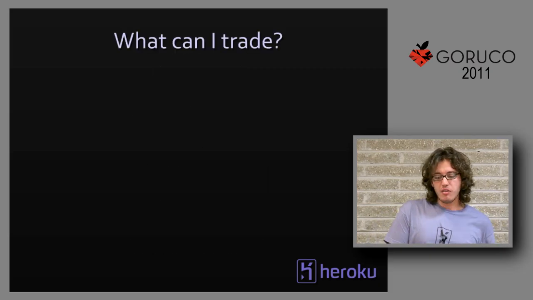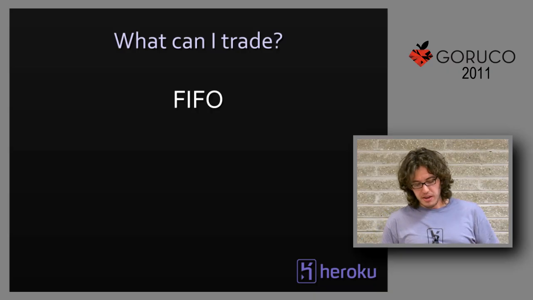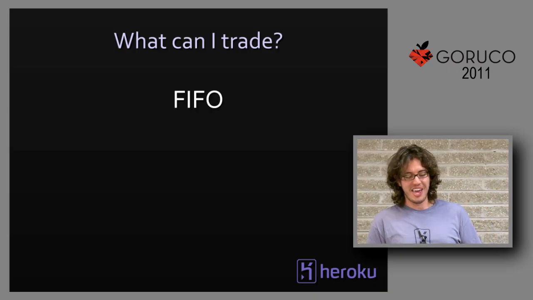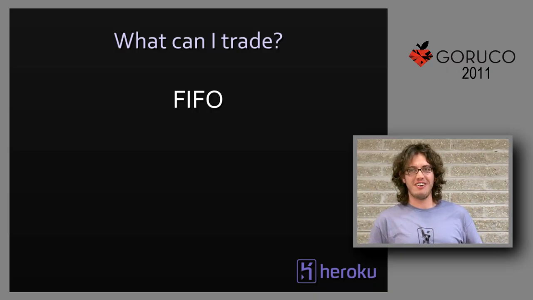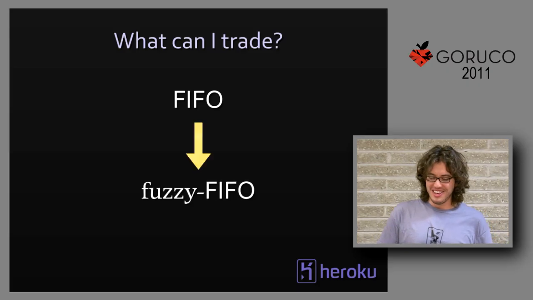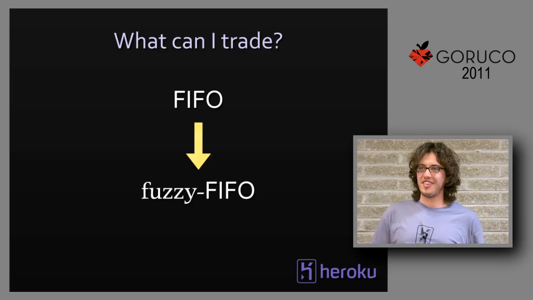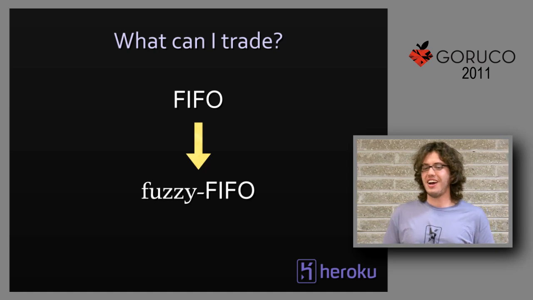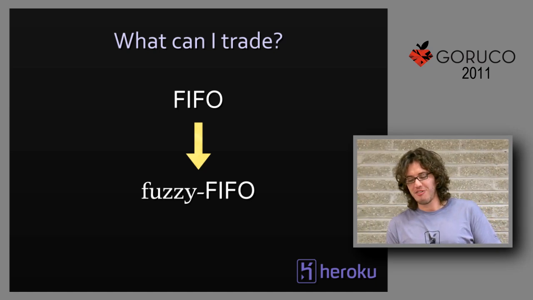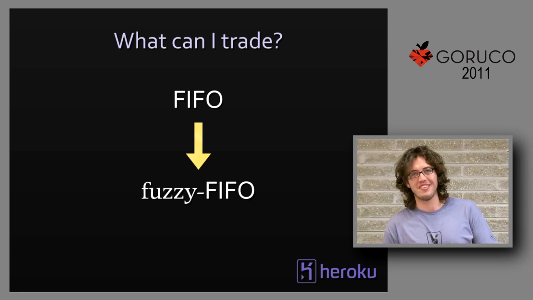So what could I trade? Hey, computer science, what will you give me for first in, first out? Well, computer science gave me the concept of fuzzy first in, first out. I read a whole bunch of ACM digital library articles on this topic.